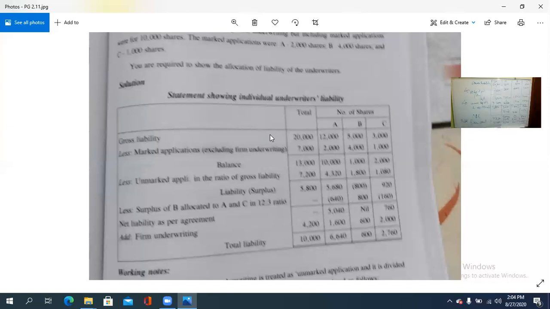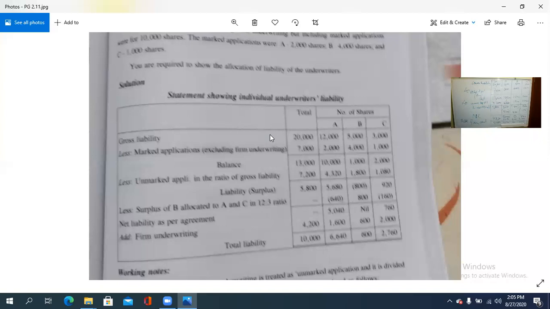Clear? Once again, I will tell you how this problem is to be solved. Gross liability, mark the application that you are aware of, because it is the same as in the previous question. Then after that, there is a balance. From the balance, we need to deduct the unmarked application. The only difference here is fully underwritten and firm underwriting.